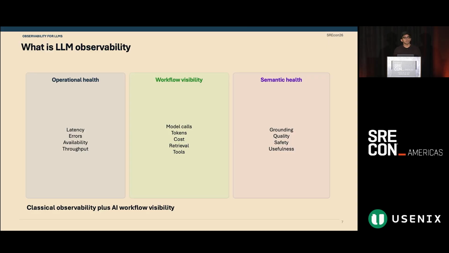Operational health focuses on: did the application run, did it return, did it run fast? Whereas semantic health focuses on: did the application give the correct response? Was it following the policy? And was it answering based on the context?